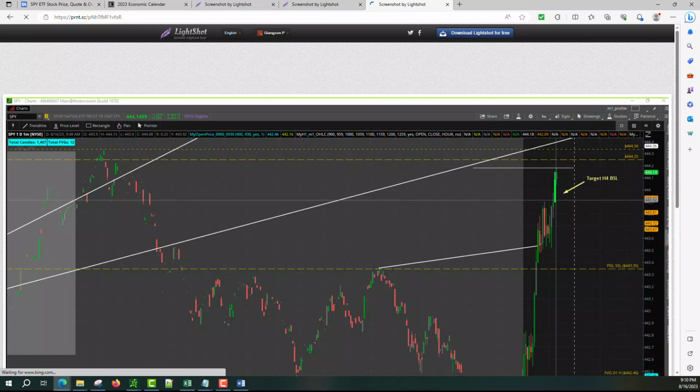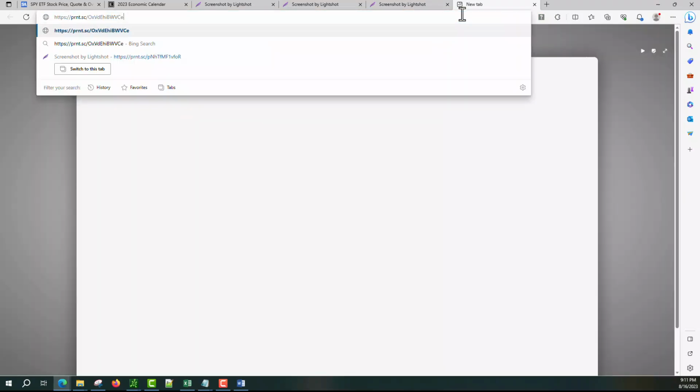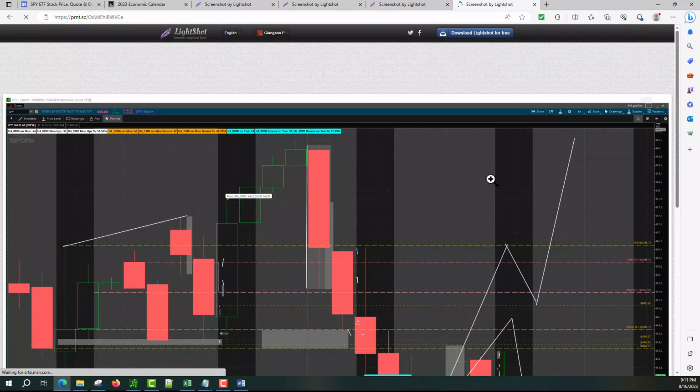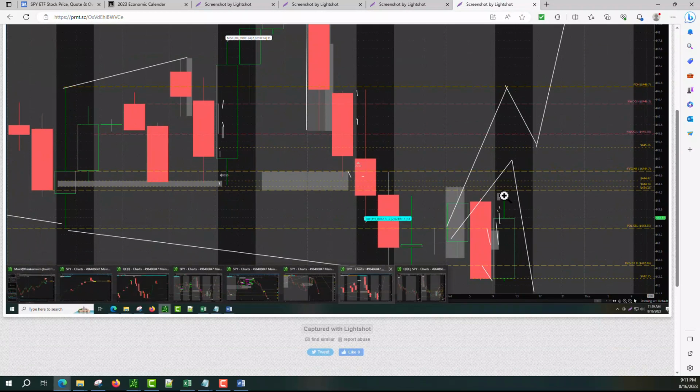So let's look at a 4-hour time frame. You see, we seek the buy side liquidity of this candle.